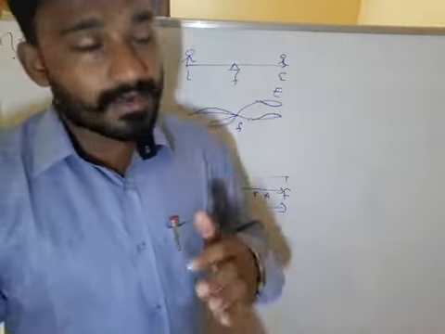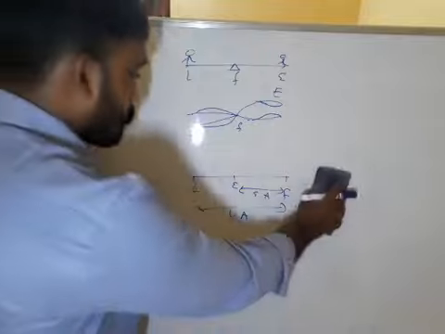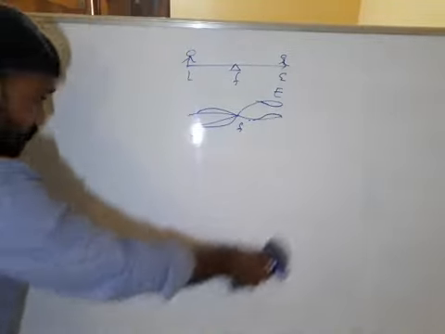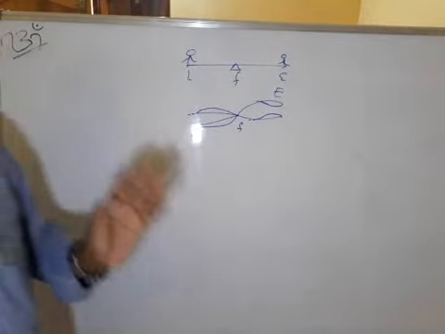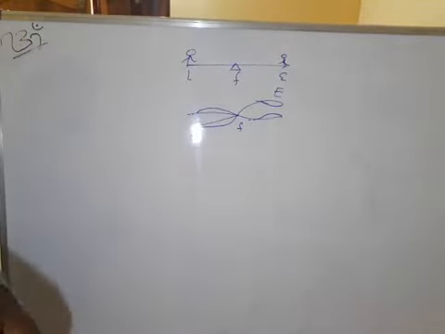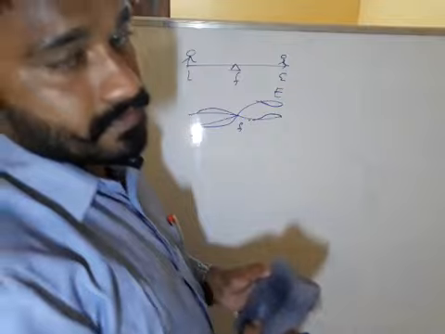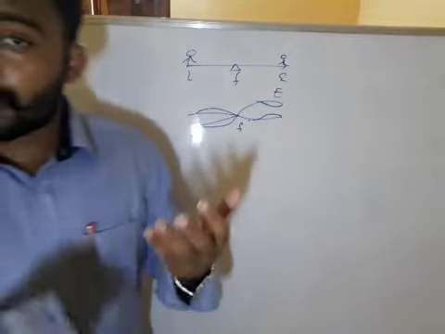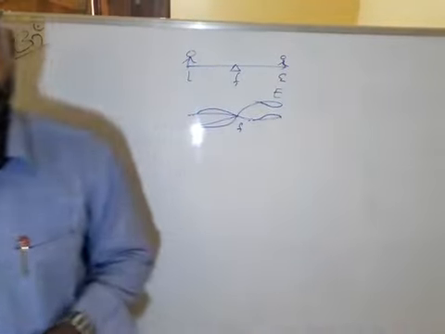Another one, class 2 lever. In class 2 lever, the load is in between, like nut crackers and bottle opener. In your book it is there, you can see properly.